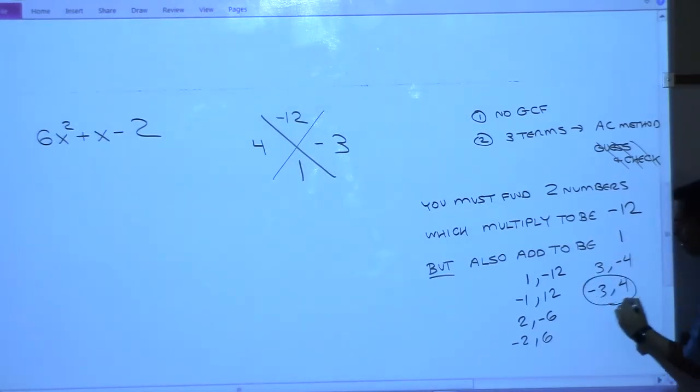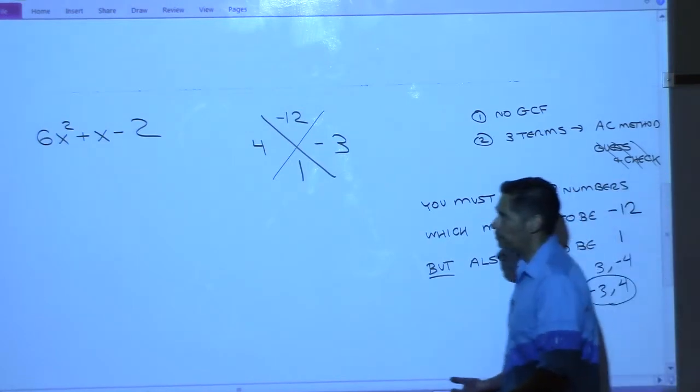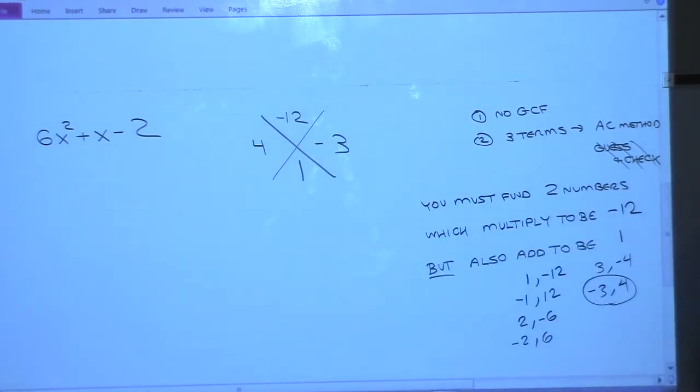And this is the only one that works, right? This adds up to be -11, +11, adds up to be -4, +4, adds up to be -1, adds up to be +1. All right? This is tedious, especially if these numbers are really big, but like I said, you got to have a method, right?